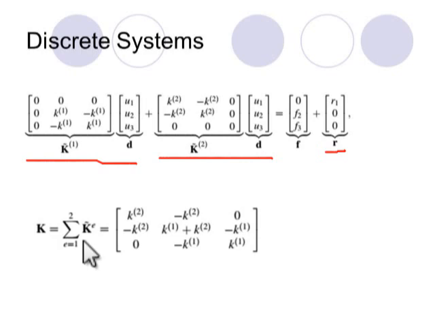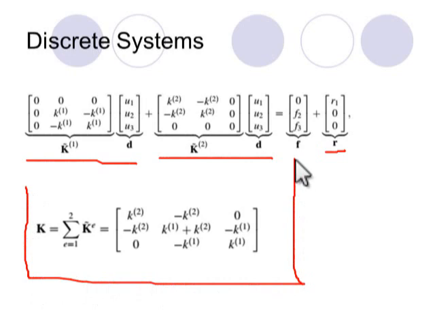You see? And I have this global stiffness matrix. Look at the elements of it and look at the structure of this global stiffness matrix. So remember that the element stiffness matrix was symmetric, and the global stiffness matrix is symmetric as well.